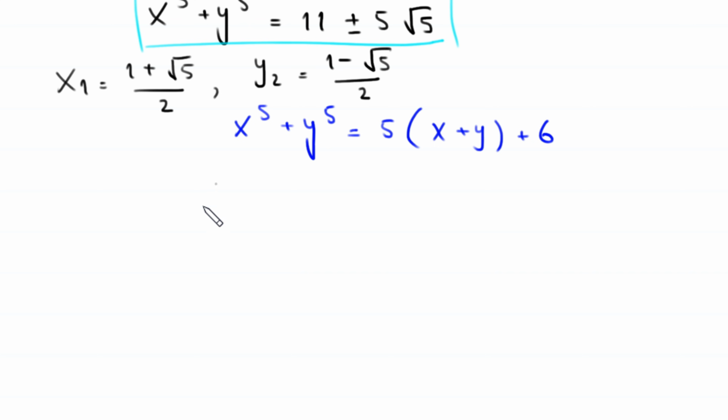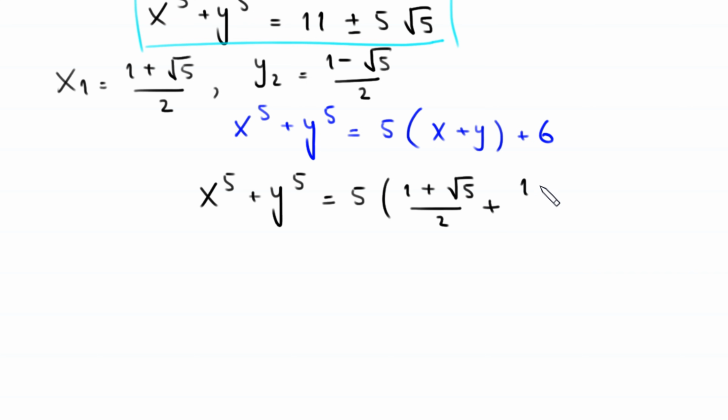So this will become x to the power 5 plus y to the power 5 is equal to 5 times (x is (1 plus root 5) over 2 plus y is (1 minus root 5) over 2) plus 6.